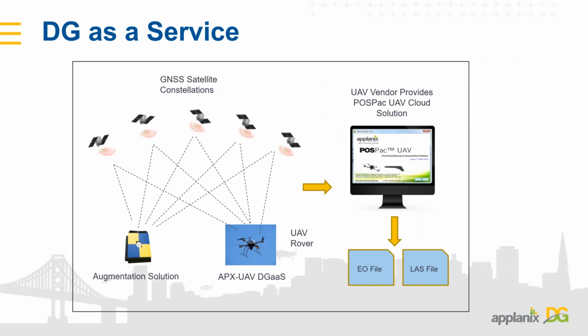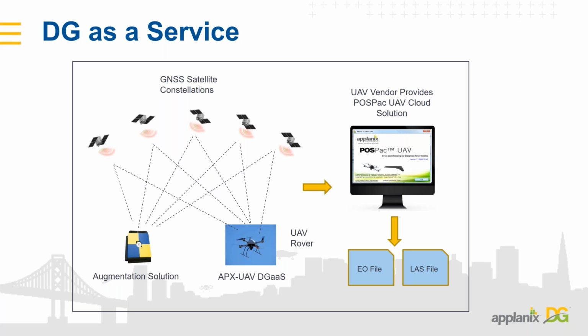So just in summary here, before we get into our wrap up, this is basically how the system works. So you've got your augmentation solution, whether that's a physical base station or a virtual reference system. You've got your UAV with your Applanix UAV Direct Georeferencing as a service board on there. And you're basically processing that data through a cloud processing solution that is provided by the vendor that you subscribe to for the system.